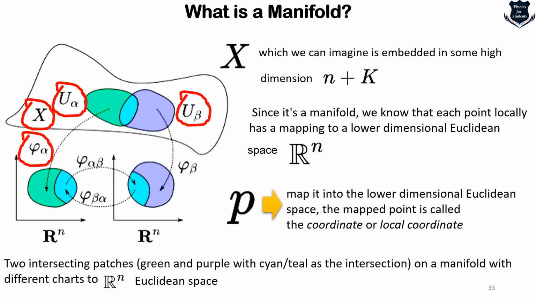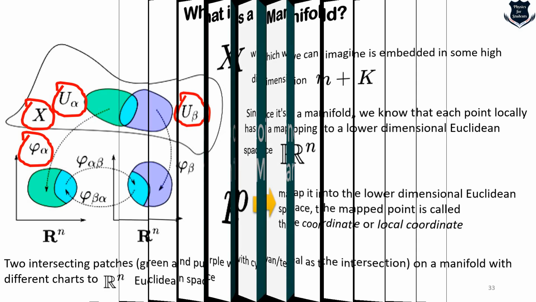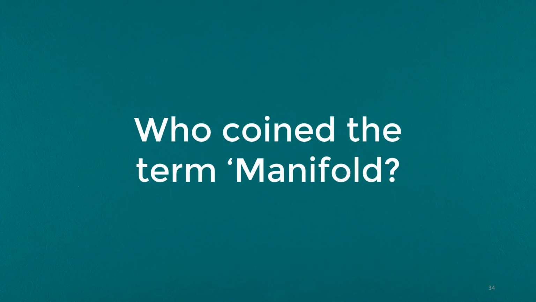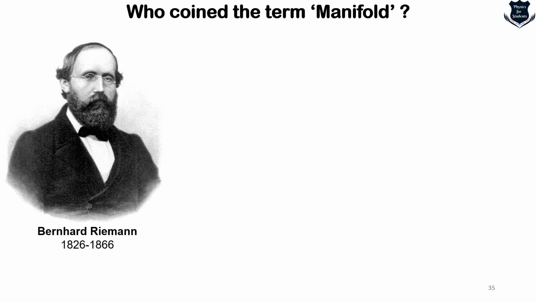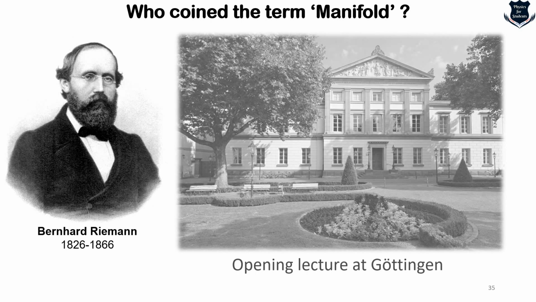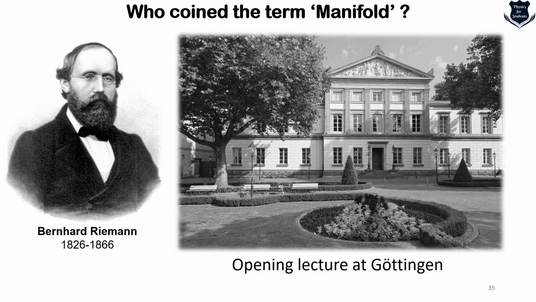We will come to the different types of manifold later. But first, now that we have understood manifold, which is a very inherent concept of differential geometry, you might have a question: who actually coined the term manifold, or where did the word manifold come from? For that we have to go to our granddaddy of mathematics, none other than Bernhard Riemann. Bernhard Riemann, a 19th century German mathematician, is credited with laying the foundation of the modern understanding of manifolds.